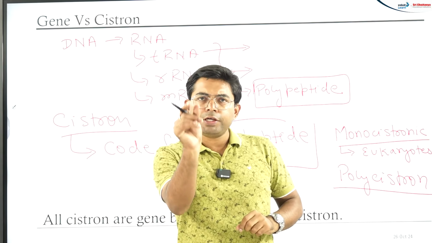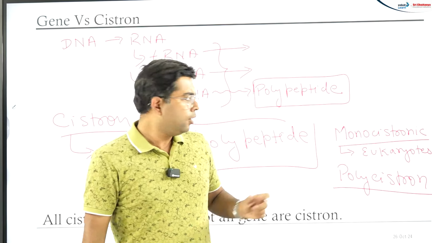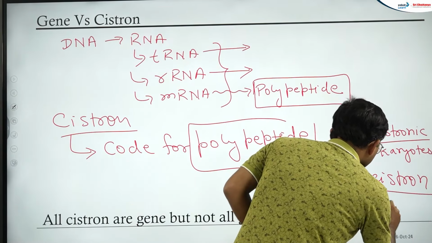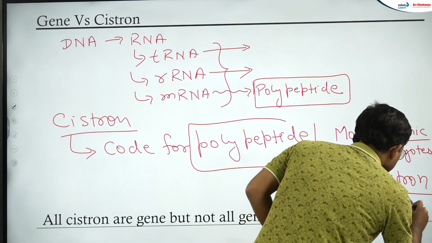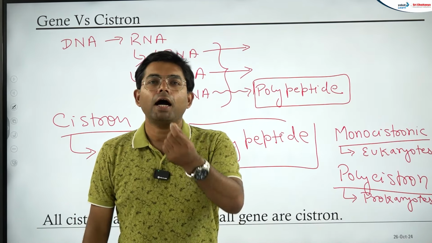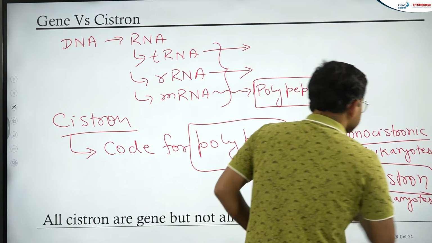Means in between the coding region there will be a non-coding region as well. Whereas polycistron will be found in prokaryotes. And here the coding region will be uninterrupted, and they are found in prokaryotes, right?